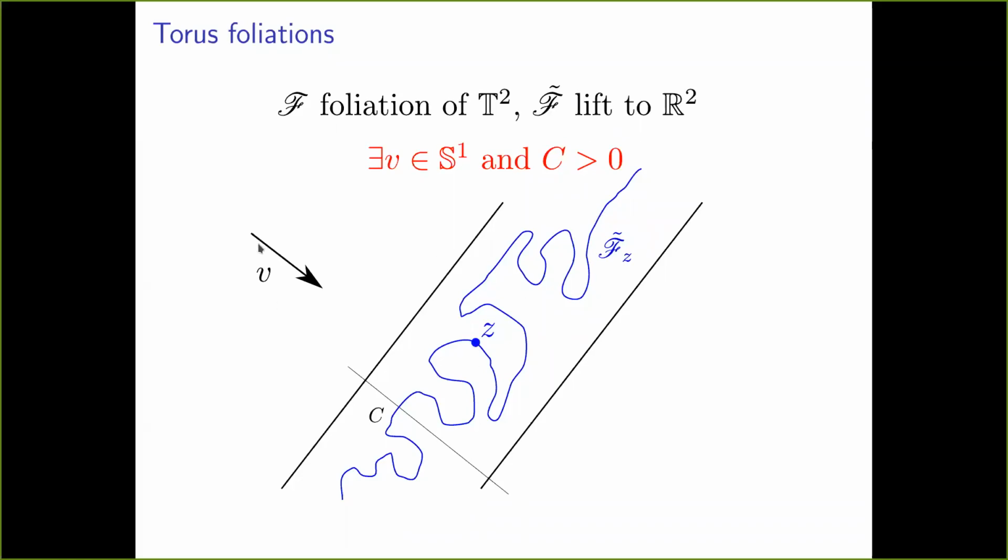And here V is the perpendicular direction to the sides of the strip. And you will see why I'm considering the perpendicular direction. Okay? So this happens for any foliation.